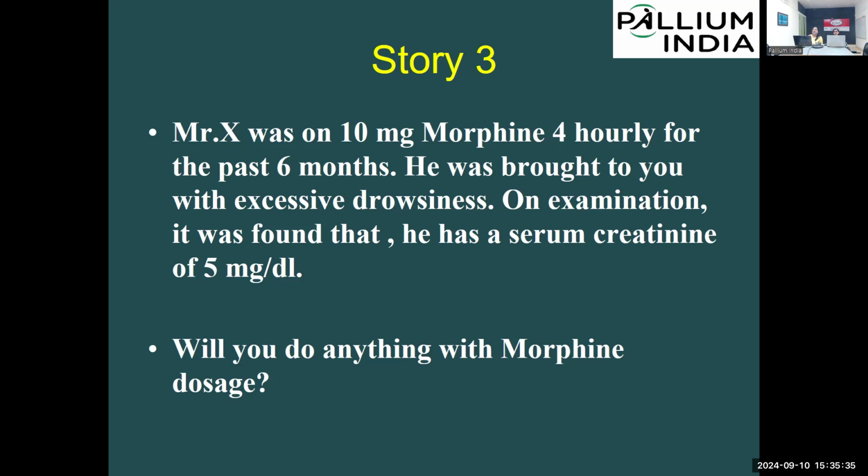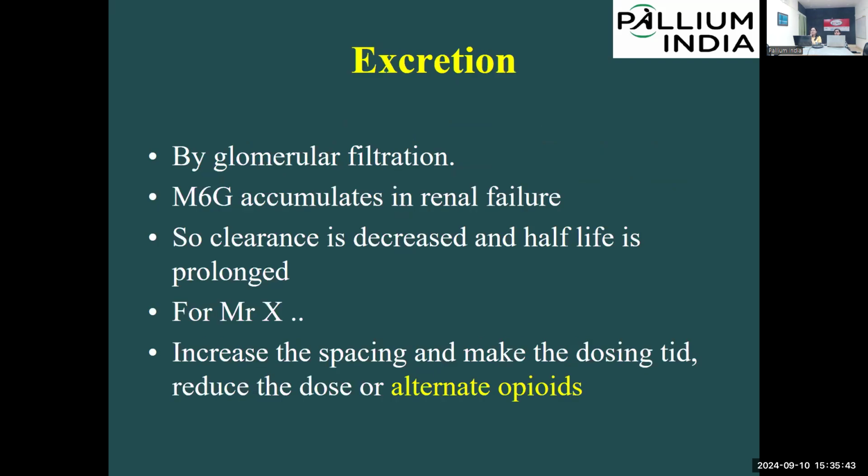So to understand this better, we need to know the excretion of morphine. Morphine is excreted by the kidney by glomerular filtration. We saw that the patient's serum creatinine is 5 milligram.